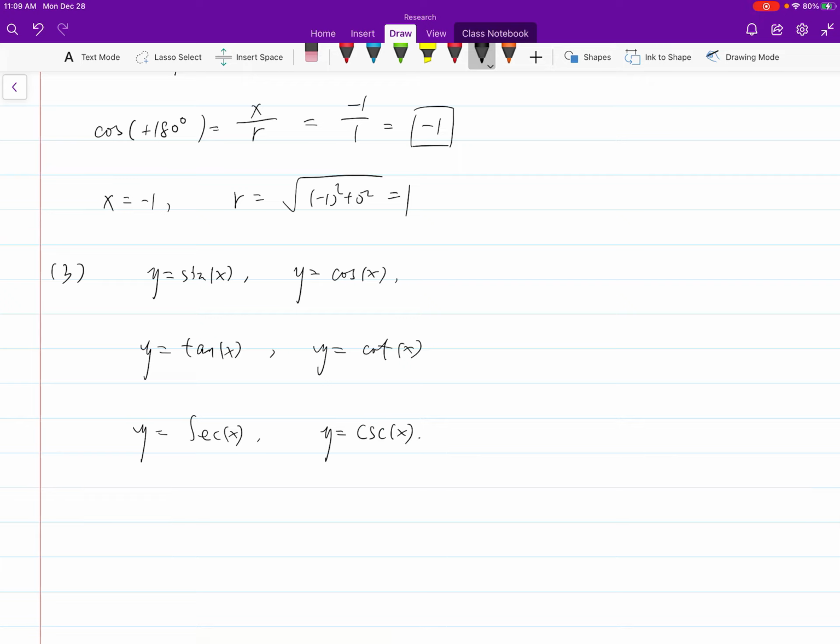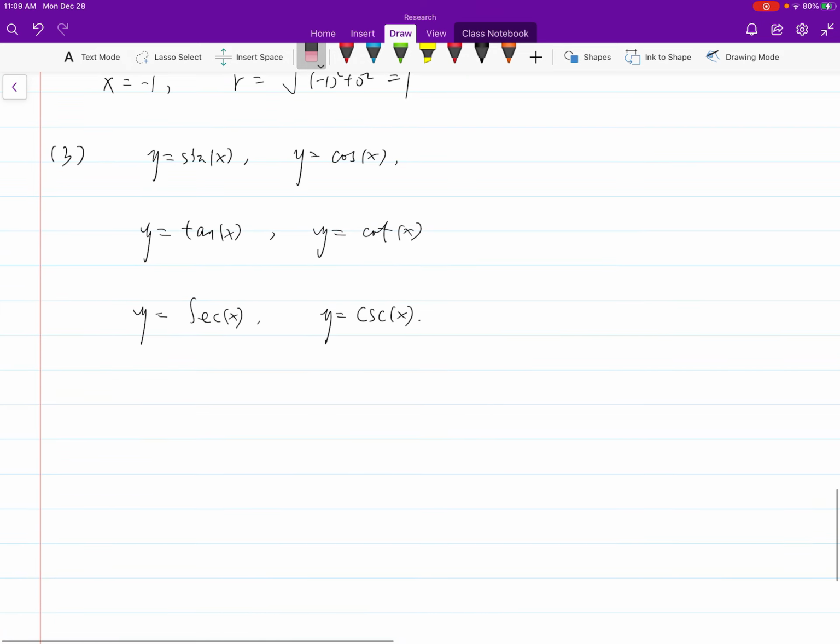Later, we will be talking about the domain and the range of them. We will be talking about the graph of them. And nicely, sine and cosine will become waves like this. So that will be the foundation of everything we will be talking about for the rest of the semester. But for now, this is the first time we have seen it.